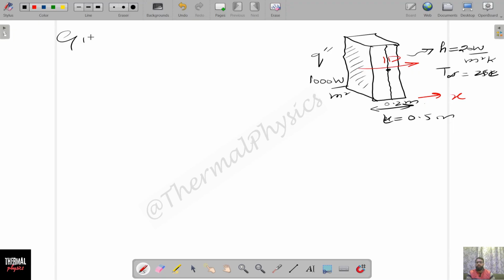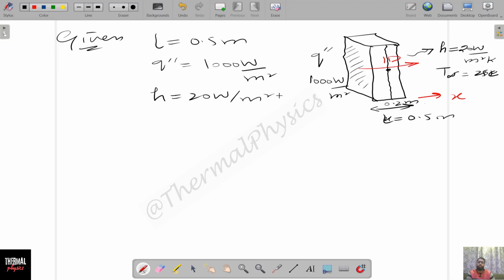So we are given the thickness of the wall as 0.5 meter. The flux applied on one side is 1000 watt per meter square, and we have an h value of 20 watt per meter square Kelvin. We have an ambient temperature of 25 degrees Celsius, and we need the thermal conductivity, of course, for this conductive heat transfer.